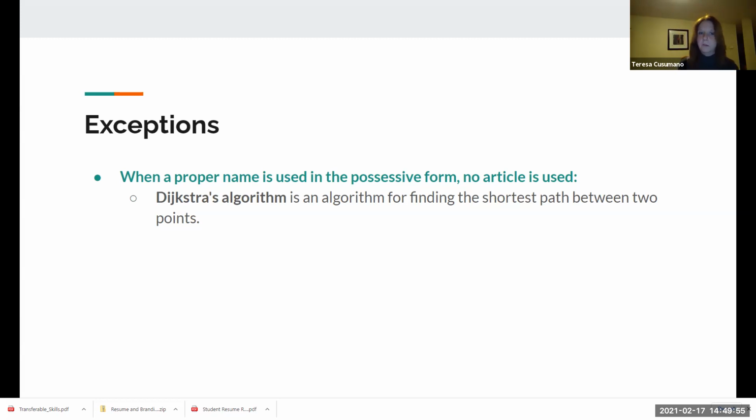Because we're using his name possessively, we do not put an article before that. If I was going to say Shakespeare's play, I wouldn't say the Shakespeare's play, but if I was going to say the play, I would use the article. But if I'm putting a possessive noun before it, no article is used.